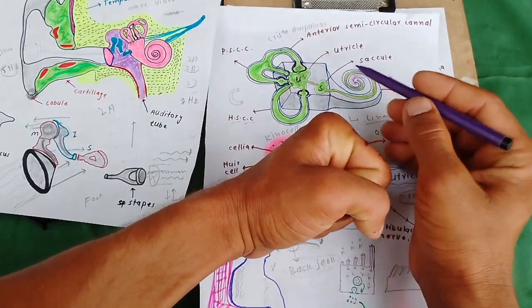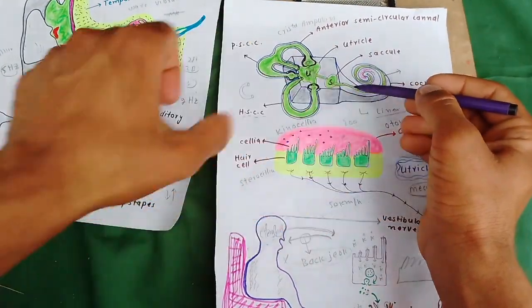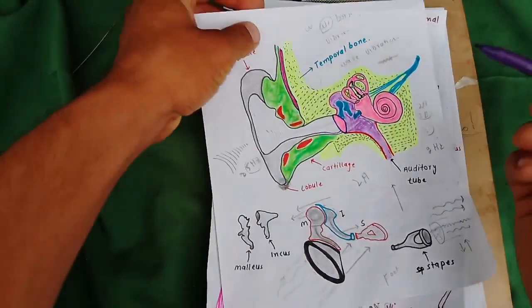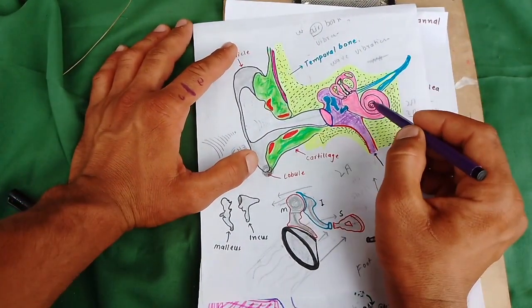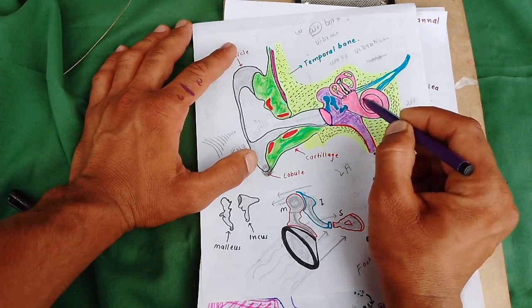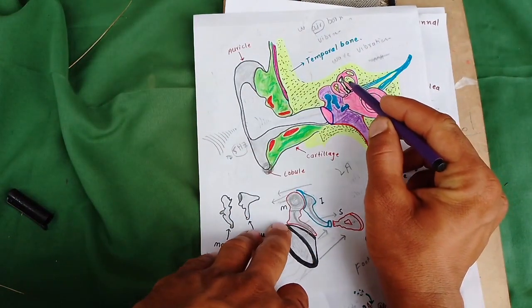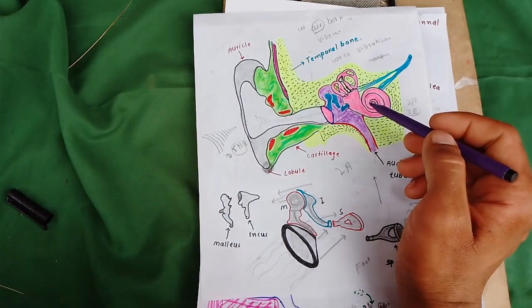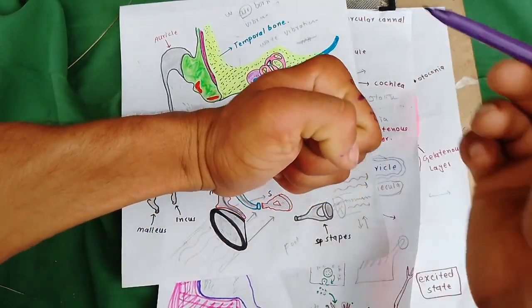So this structure is situated in such a location. Look at this diagram. This is the cut section of the right ear. The cochlea is present anteriorly toward the eye, and the vestibular apparatus is present posteriorly, okay. So this is the right side, left side.